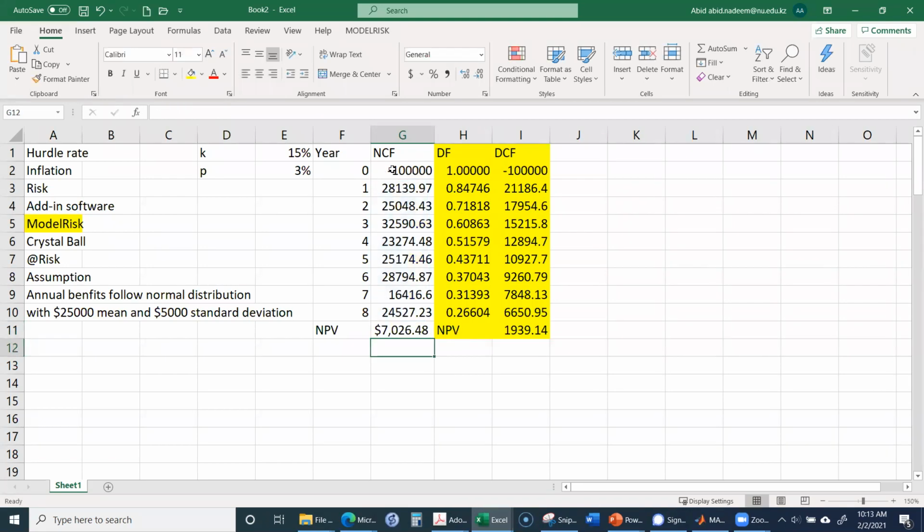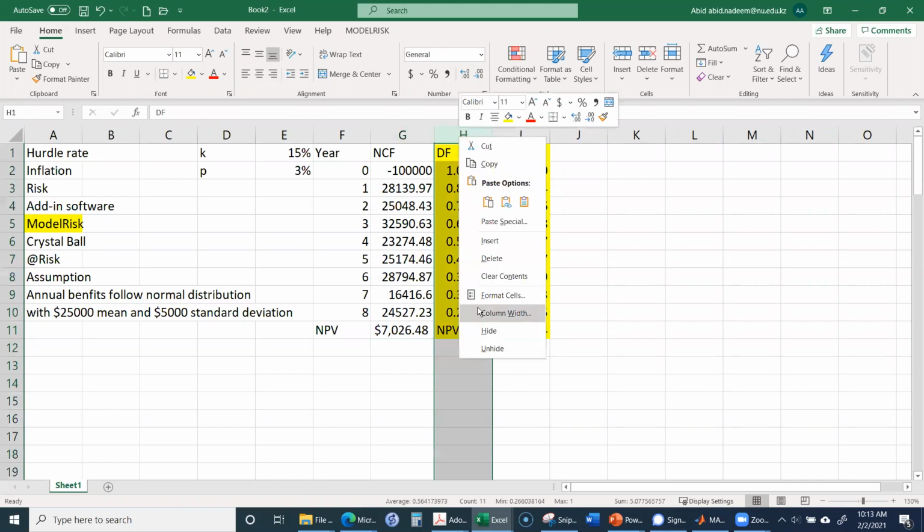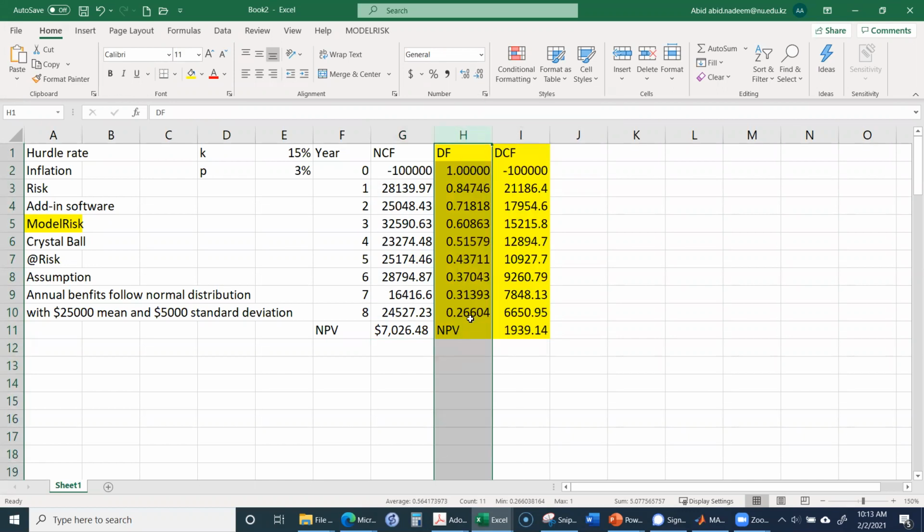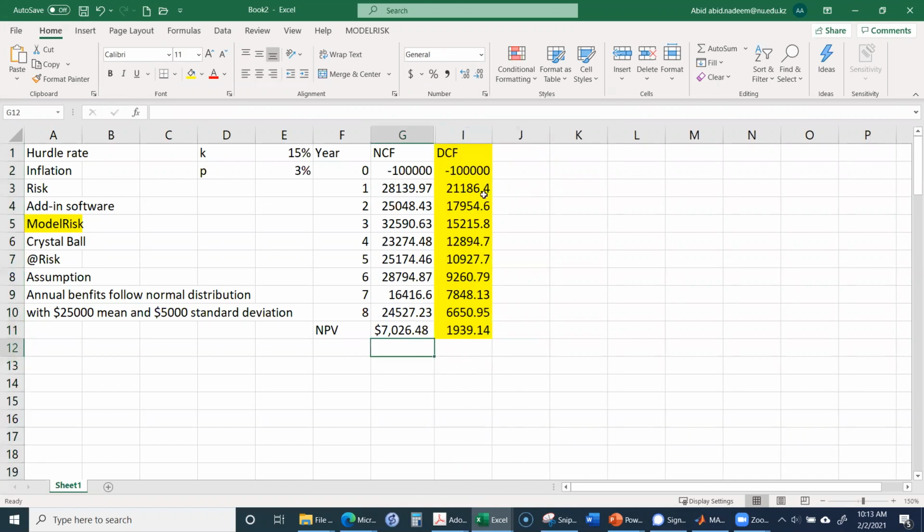So it is plus 7,026. Okay, 7,026. This is the net present value. Or maybe I can just hide these values over here.